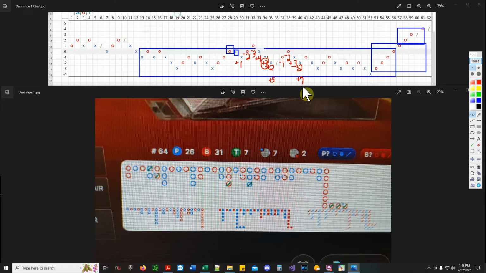I can't tell you how many shoes I have been to the good, let's say 10 units, and it was not enough by the end of the shoe, because a run like this right here will take all those units back if you're betting some type of negative progression.